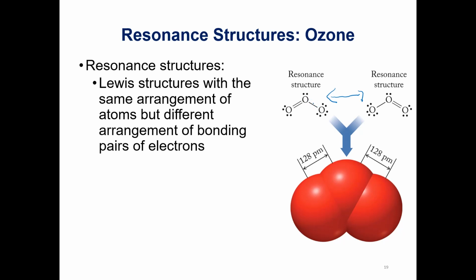Now, if one of these was a single bond and one of these was a double bond, that should not be true. A double bond should be shorter than a single bond, and we'll go into a little more detail about that later on. So what this suggests is that what we actually end up with is something more like this.